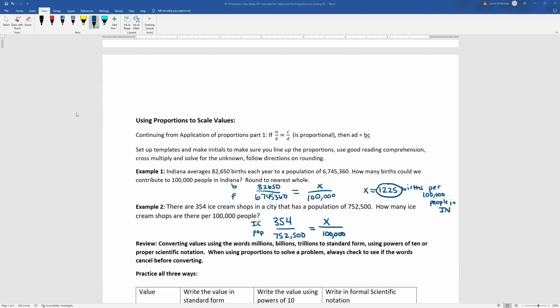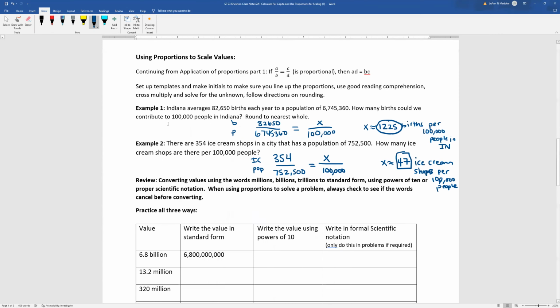So for 100,000 people, we should expect roughly 47 ice cream shops per 100,000 people.